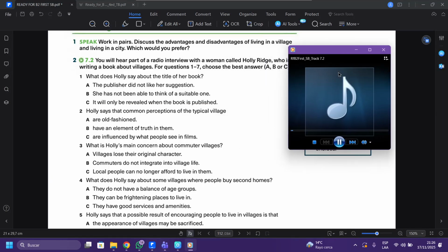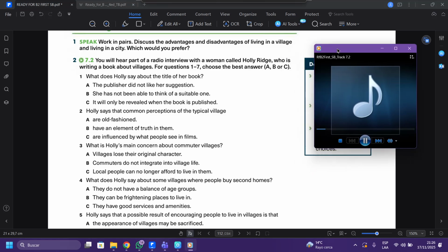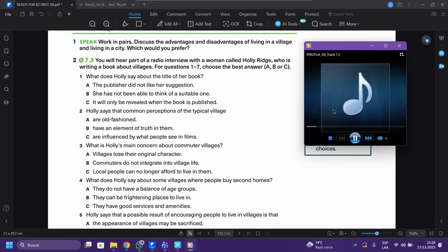You will hear part of a radio interview with a woman called Holly Ridge, who is writing a book about villages. For questions 1 to 7, choose the best answer, A, B or C. With me today is Holly Ridge, who's writing a book about village life in the modern age. What's the title of your book, Holly? If only I knew.